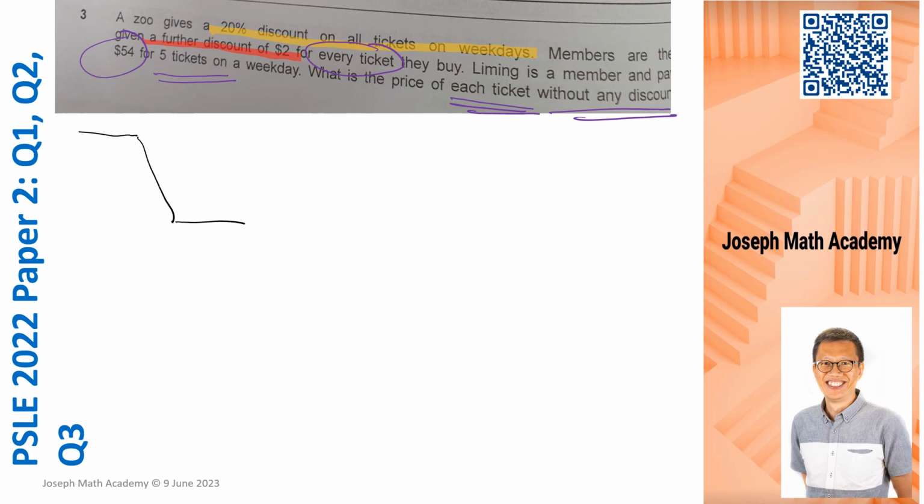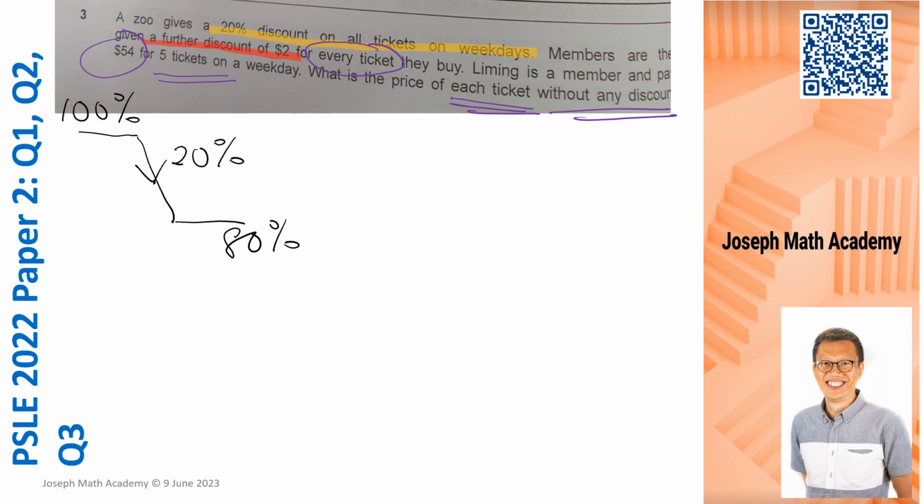Before any discount, each ticket costs 100%. And on weekdays, visitors are given 20% discount and they only pay 80%. This 80% is for all visitors, whether you are a member or not. That's for weekday visitation.